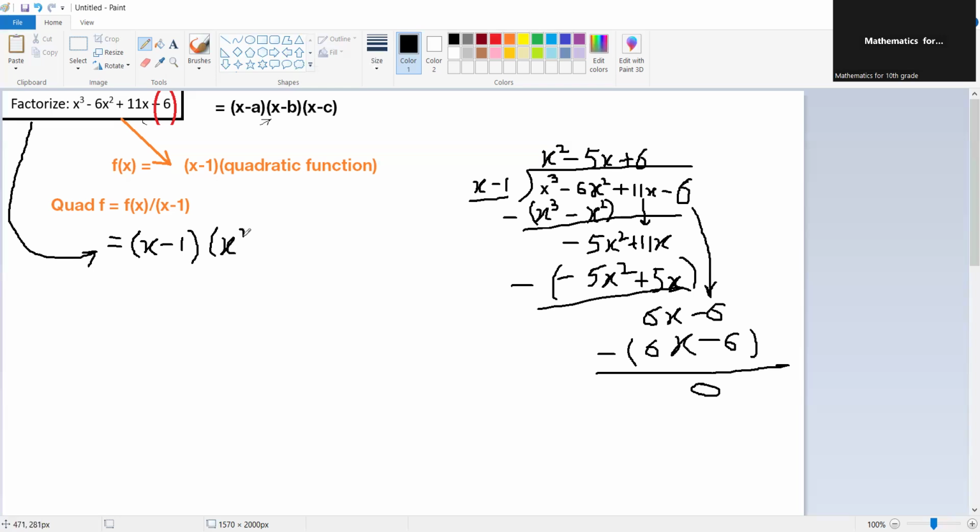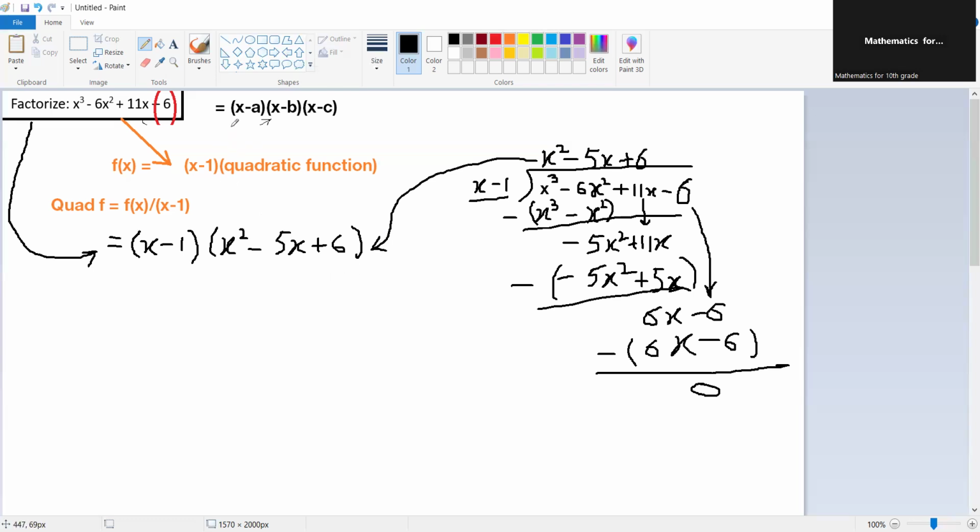That's what we did using the division. This is the quotient which we got.